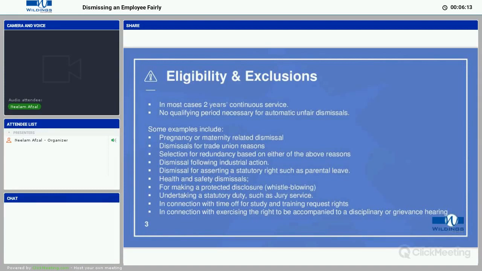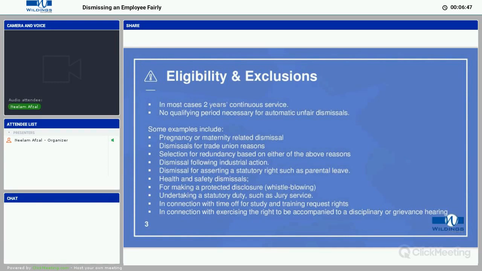We have employees who are dismissed for pregnancy or maternity related dismissals, dismissals for trade union reasons, selection for redundancy, which is either based on the above, but then we have other examples, for example, employees who have asserted a statutory right such as parental leave and they've been dismissed, or they've raised a health and safety issue, or they've made a protected disclosure, i.e. whistleblowing. So those employees in those kinds of situations don't need to have the 2-year service.